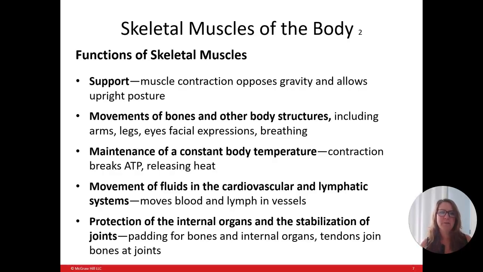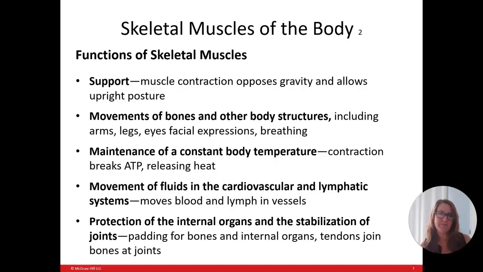All right, next, movement of fluids in the cardiovascular and lymphatic systems. Have you noticed that as people get older, they have swollen ankles, and that can be essentially a lot of interstitial fluids and lymphatic fluids, and so we might do massage, we might put on special compression socks and so on.